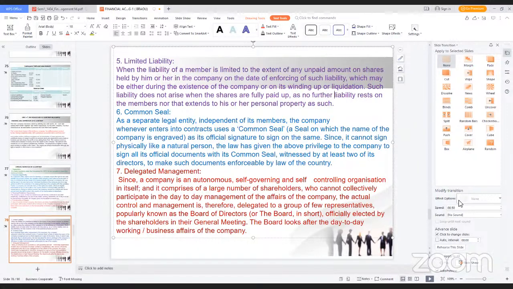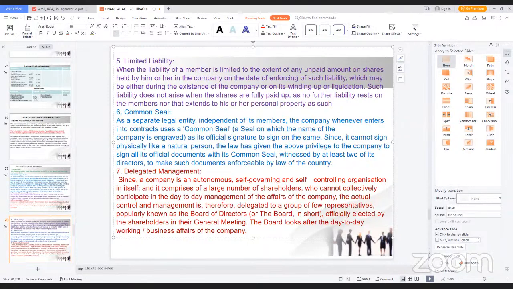And the common seal: the company is a separate legal entity, independent of its members. The company, whenever it enters into a contract, uses a common seal.